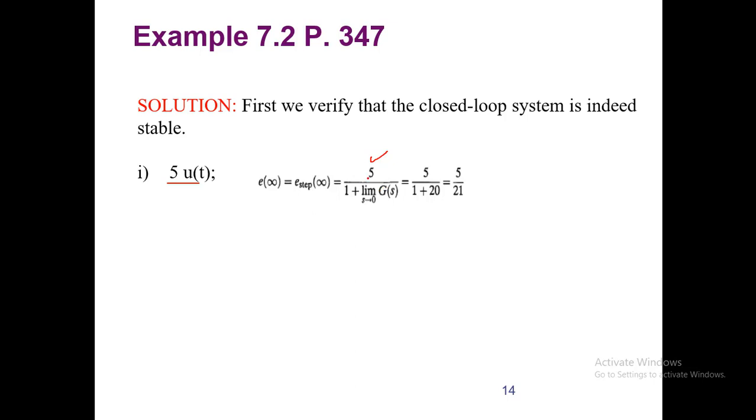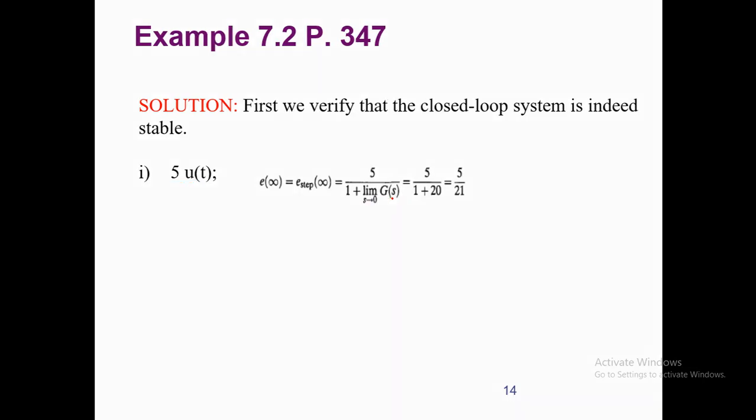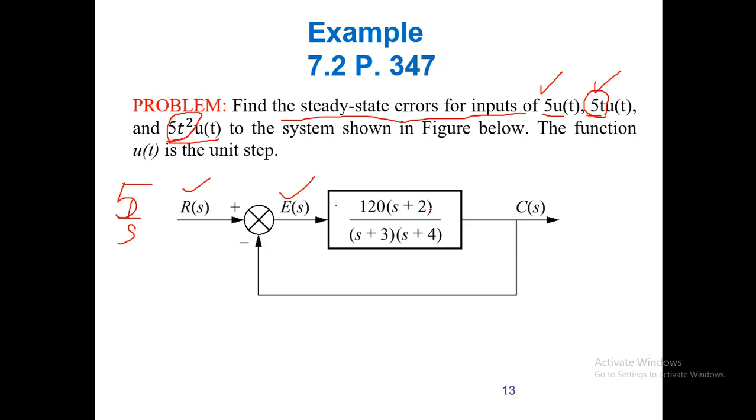So this will be 5 divided by 1 plus this thing as the limit goes to 0. And if you put this G of S, you see that this G of S is nothing but this thing. If you put S equal to 0, this becomes 240, and it will be divided by 4 3s are 12.